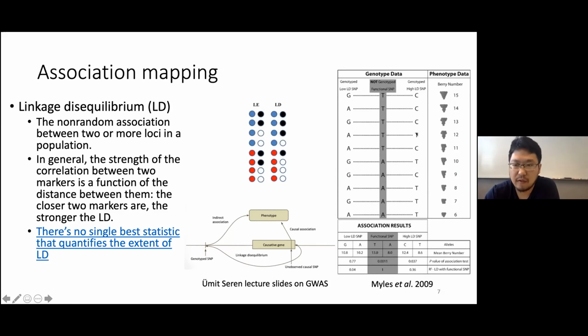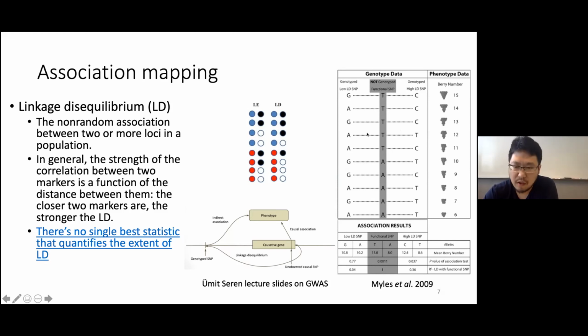One is in high LD. In high LD means that these two appear together in higher chances, like the blue alleles and the black allele here.